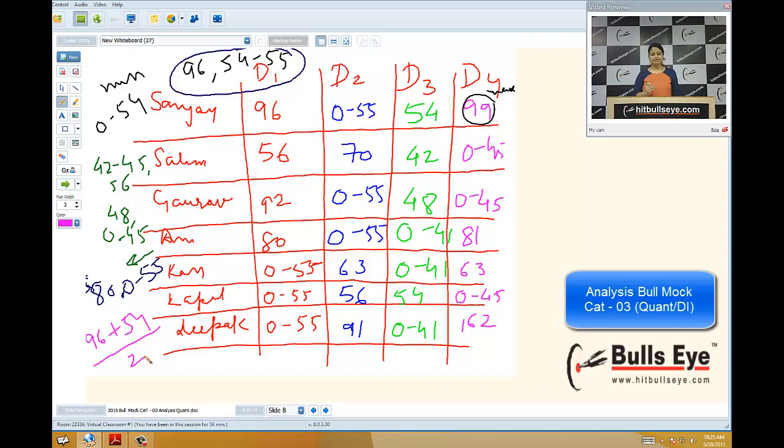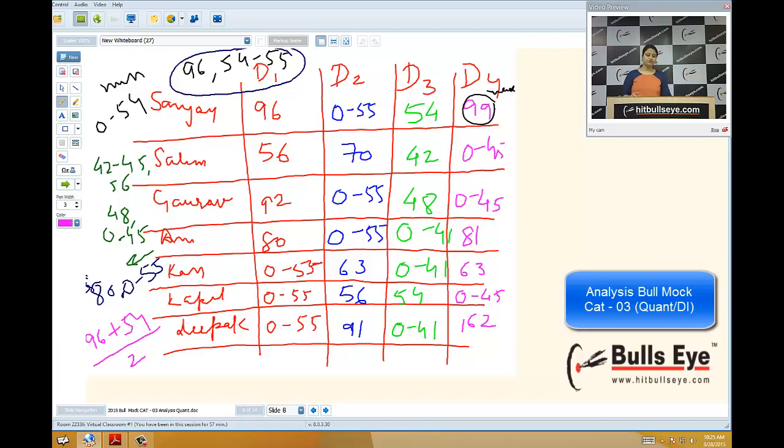For other typists we have many possibilities. For example, Salim: one middle quantity is fixed, 56. The other quantity is 42 to 45. We can take any number from 42 to 45. If we take 42 as well as 44, we get two sigma values. Both of them are integers. For Salim, we are not able to get exactly one value.